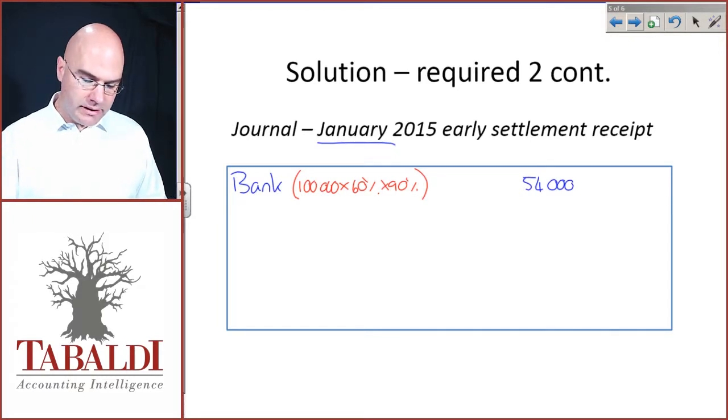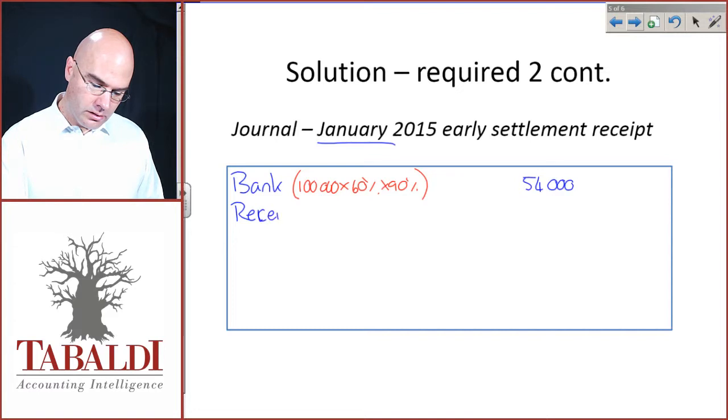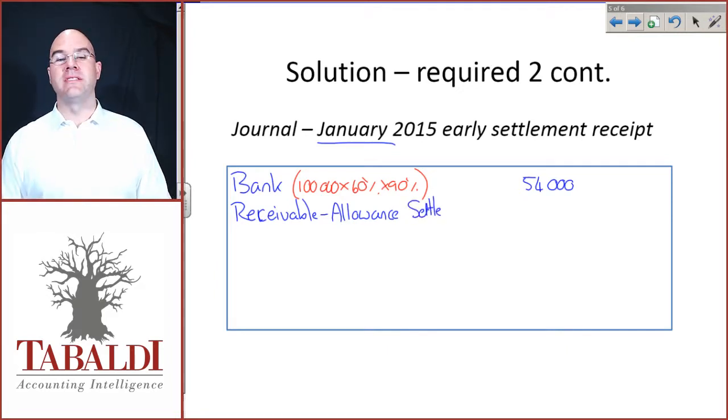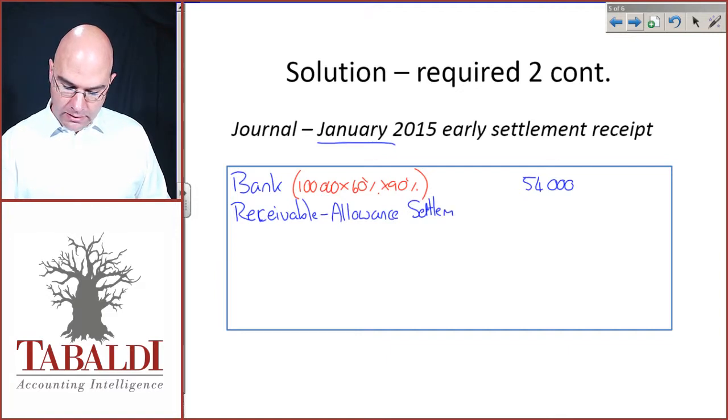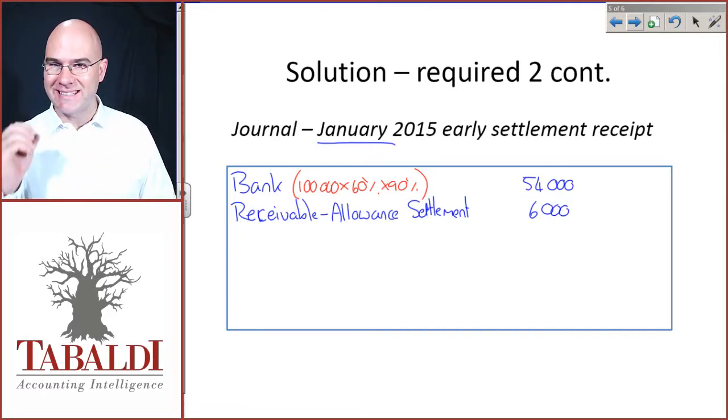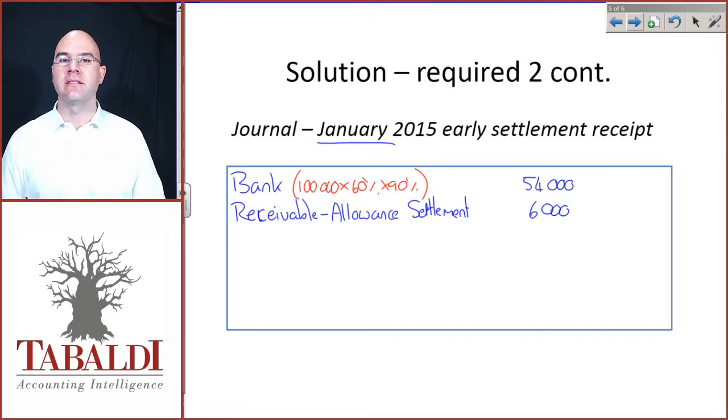Okay, what else I need to do is I need to remember that I must debit the allowance account. I'm going to abbreviate here because I'm running out of space. So the allowance for the settlement discount, and that is the 6,000, because we were exactly accurate with our estimates. We got exactly the right percentage. 60% of the 100,000 settled within 30 days.